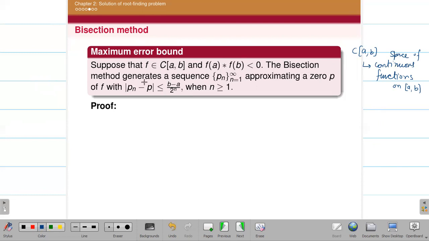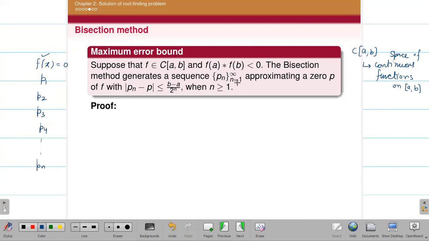The bisection method generates a sequence {Pn}, n equal to 1 to infinity, approximating a zero p of f. It says that if you take this function, which is continuous and satisfies f(a) times f(b) less than 0, and you apply the bisection method on it, then it will generate a sequence. Obviously, by taking the midpoints, you will get P1, P2, P3, as we have already seen, up to Pn.